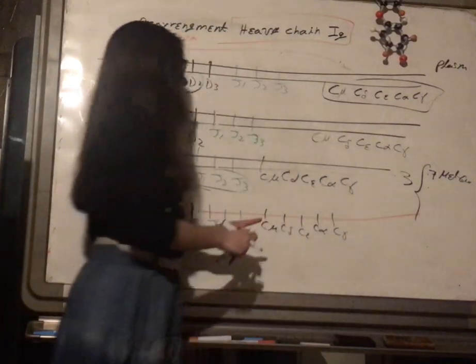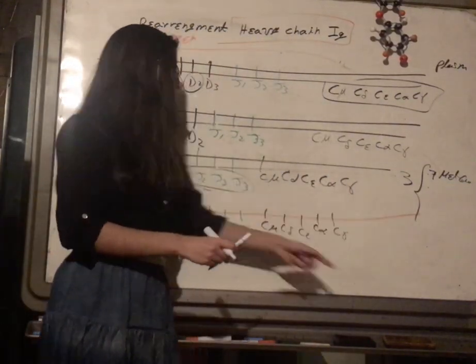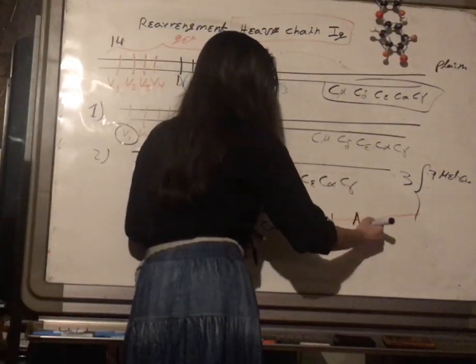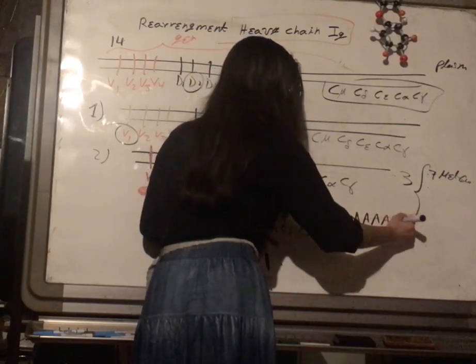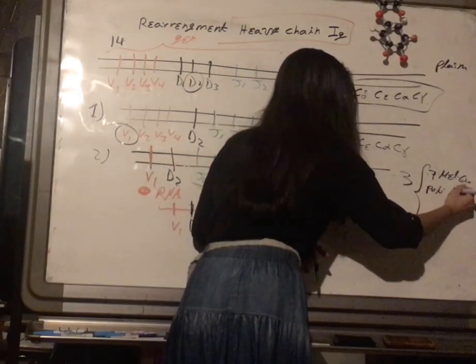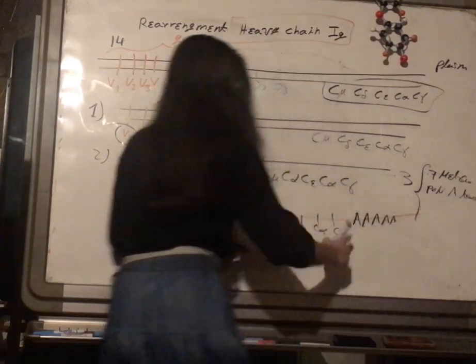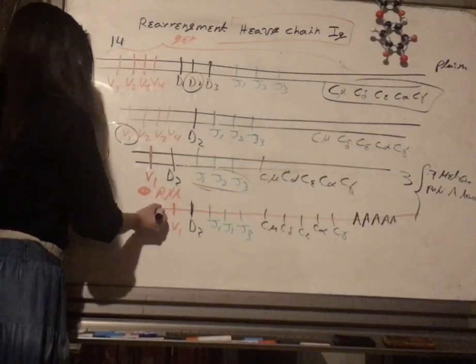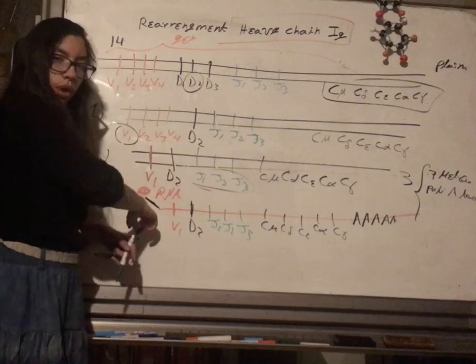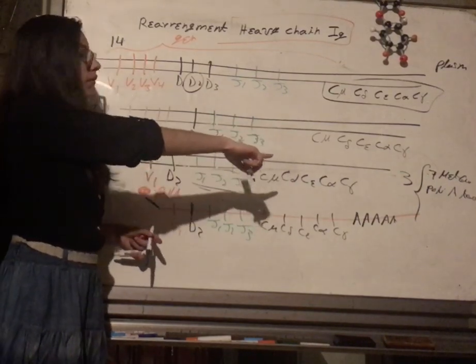Then we need to put here a poly-A tail. We are going to add many adenines here, so poly-A tail.